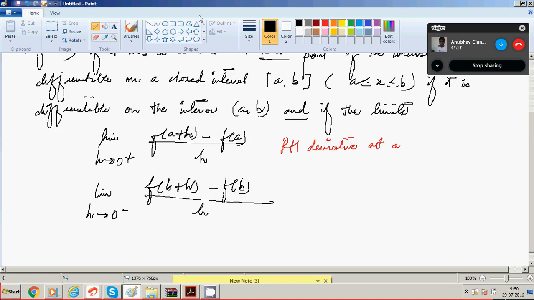So this means derivative from the left hand side approaching b, left hand derivative at b, exists if both these limits exist at the end points.